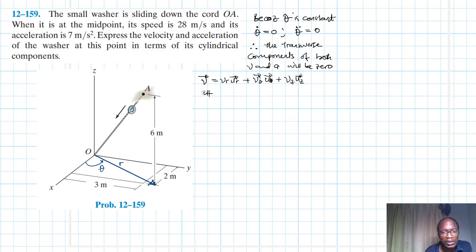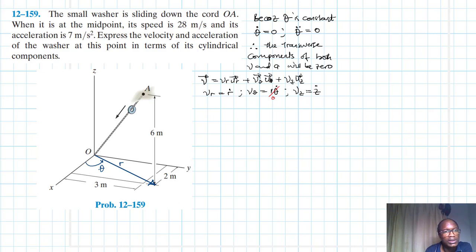And we know that our VR is just equal to R dot, our V theta is equal to R theta dot, and our VZ is equal to Z dot. And of course this part is equal to 0.